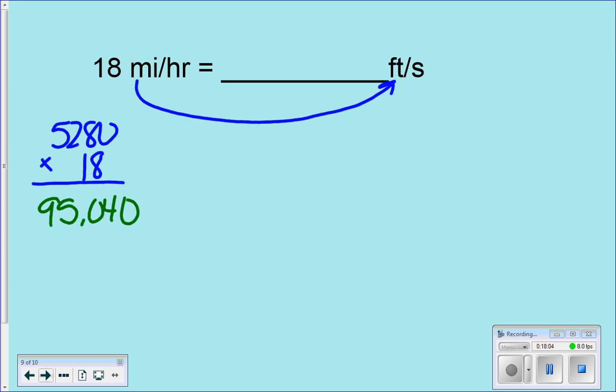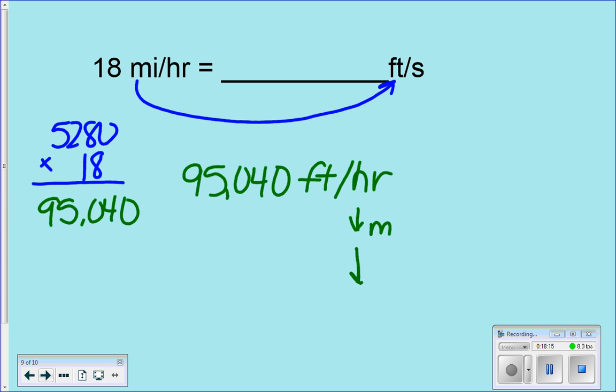Okay, so you get 95,040 feet per hour. But I have to change it to minutes first, and then to seconds, right? So if I go this far in an hour, how do I get to minutes? Divide by 60. And then to get to seconds, I have to divide by 60 again.